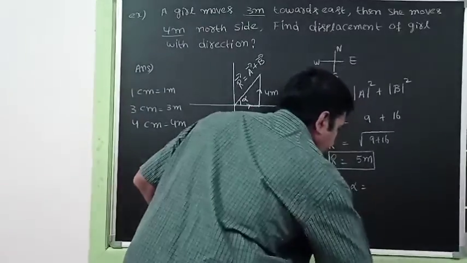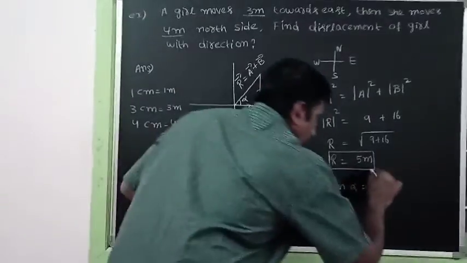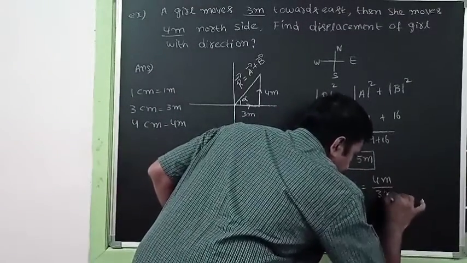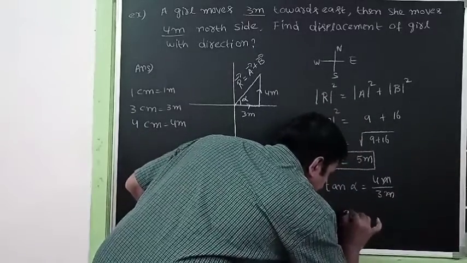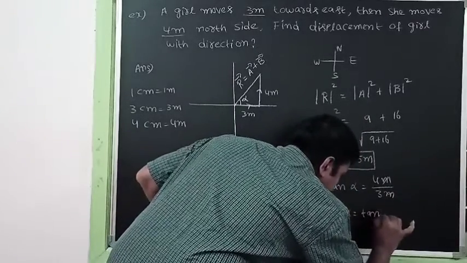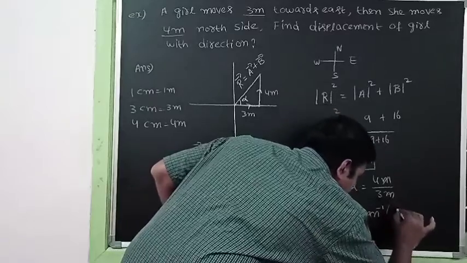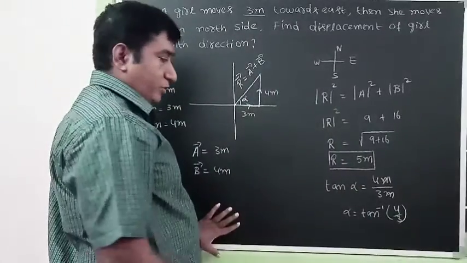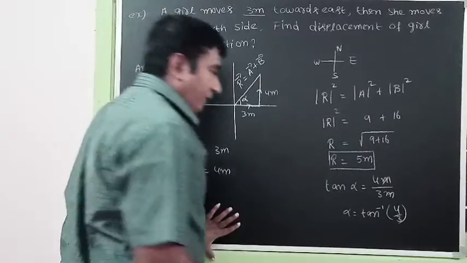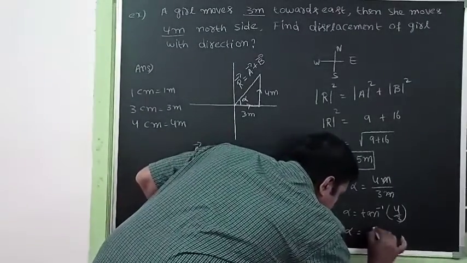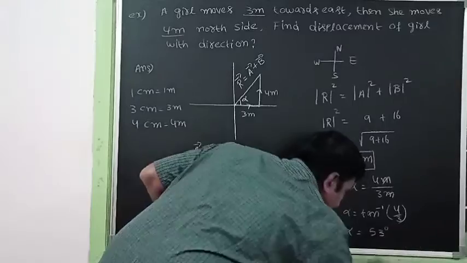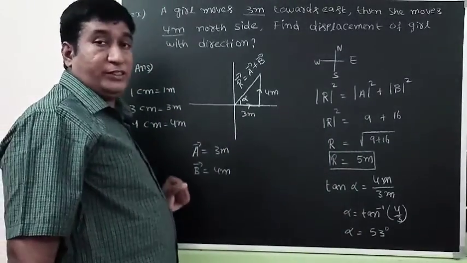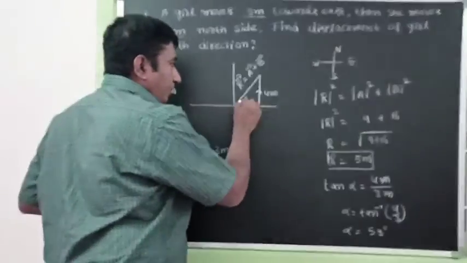So tan alpha equals opposite side 4 meters by 3 meters. With the help of this, alpha equals tan inverse of 4 by 3. The alpha value we are going to get is approximately 53 degrees. 53 degrees is what it is making.